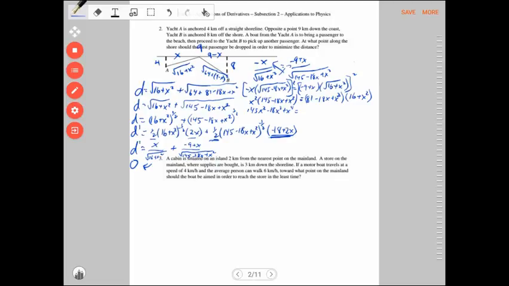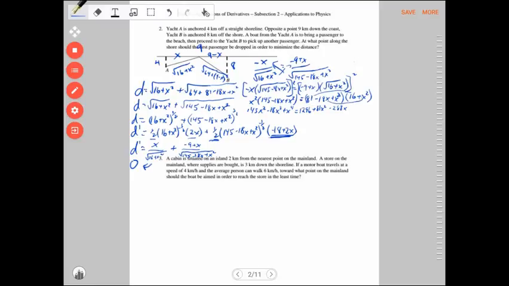The distributive law is a little bit harder with this next bit, but that's okay. 81 times 16 is 1296, plus 81x squared. Then negative 18 times 16 is minus 288x.